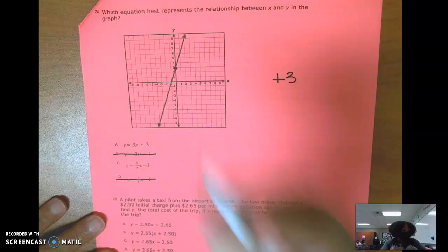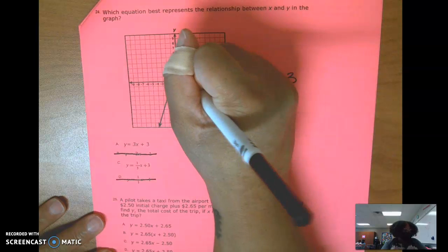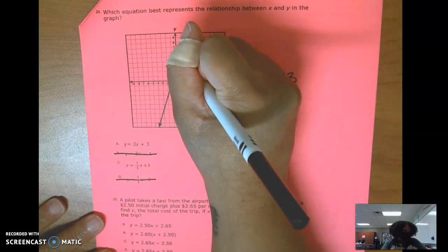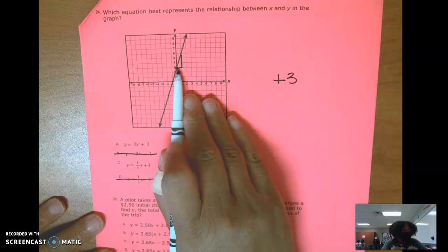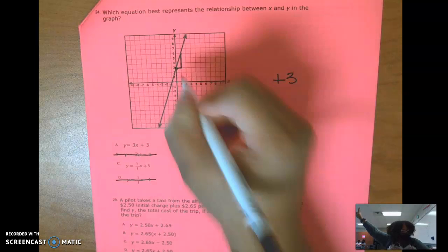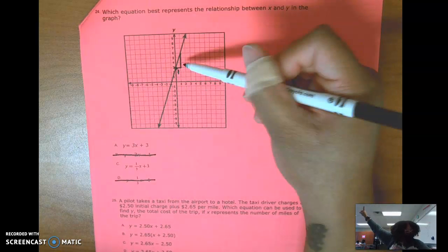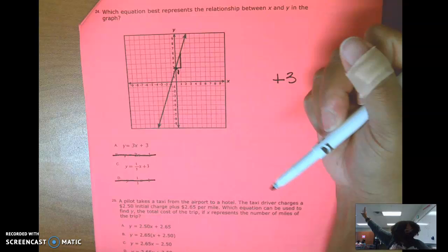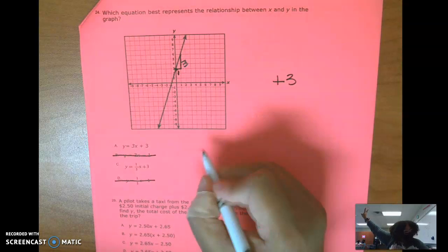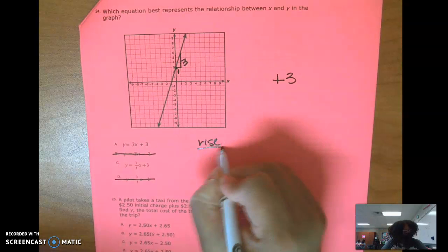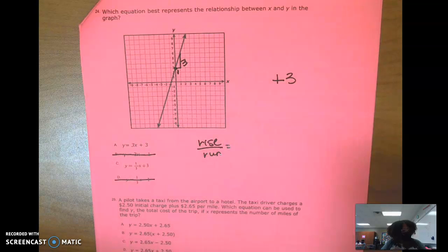Okay. Now make a triangle. It is rise over run. Good. How many times are they running from here to here? 1. How many times are they rising? 3. Rise over run. What's my rise? 3.